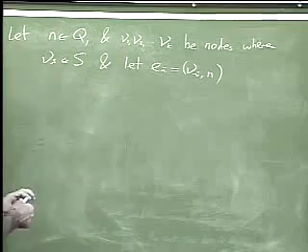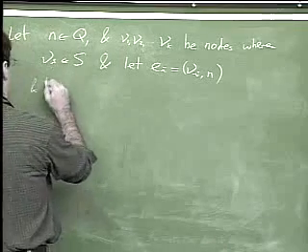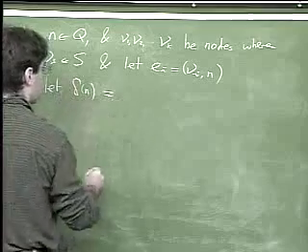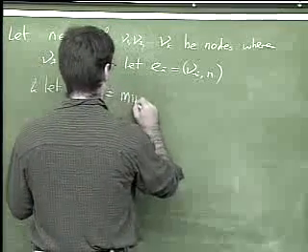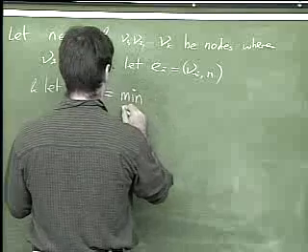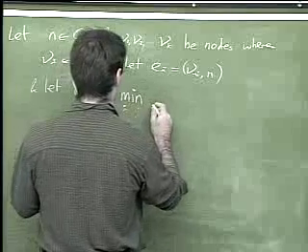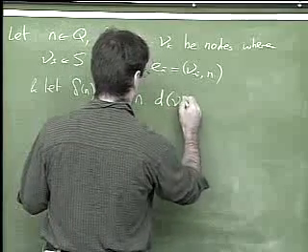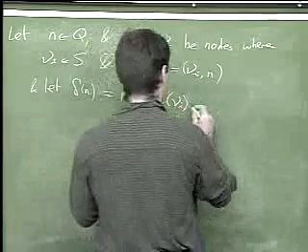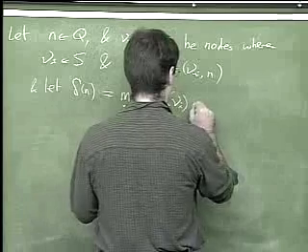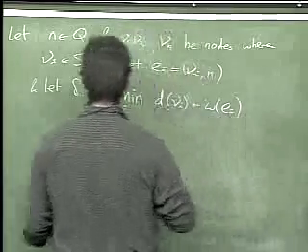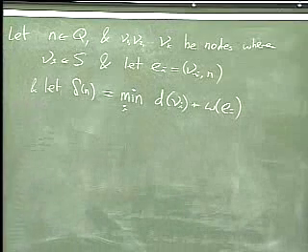And let delta of N be the minimum over I of D of mu I plus the weight of EI.